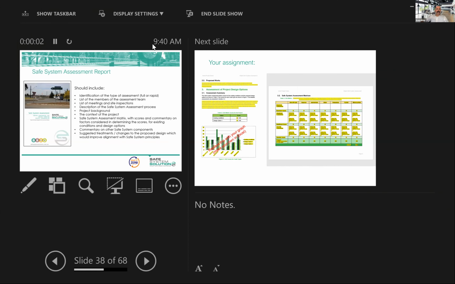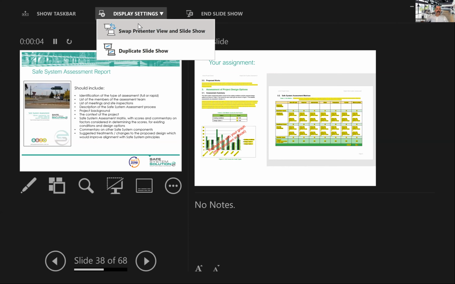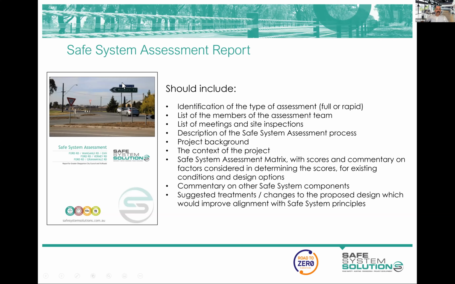So what we have got here is a safe system assessment report should include these things. I don't need to go through this slide in detail because there are template safe system assessment reports available. And if you just use the template, you will make sure you're covering all of this off.